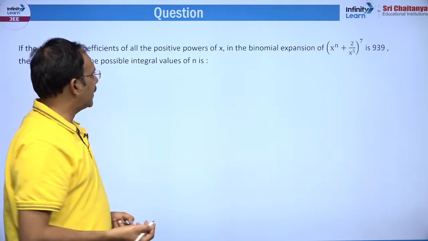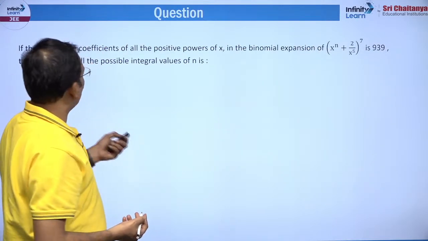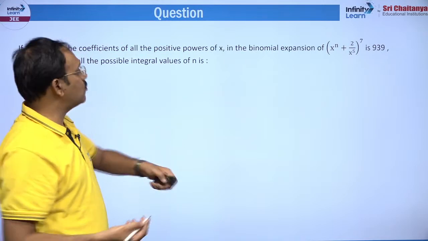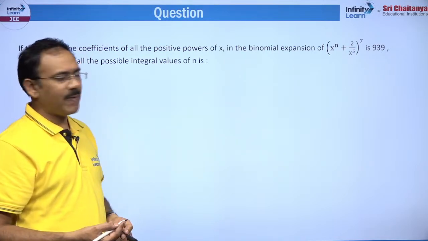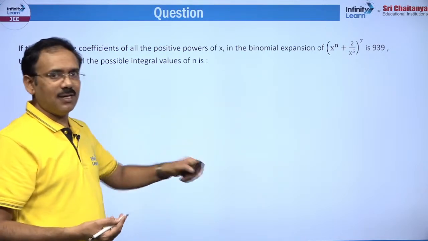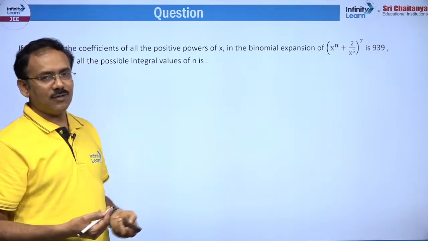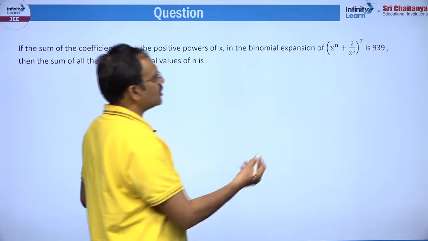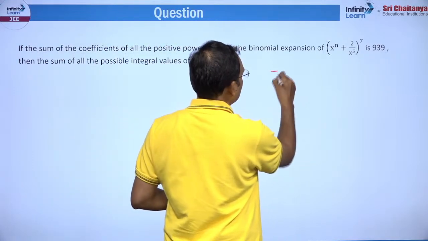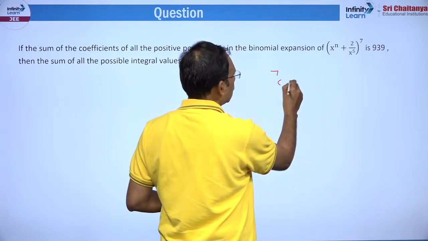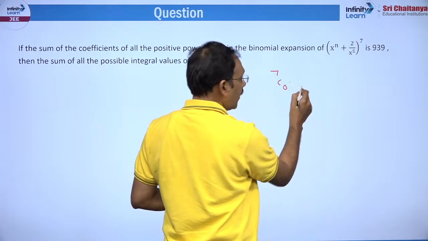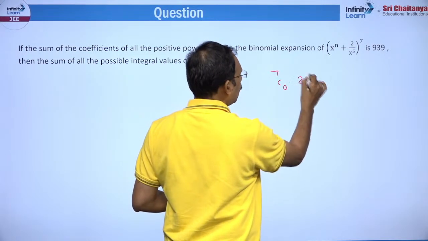Okay. Next, my dear friends, the sum of the coefficients of all the positive powers of x in the binomial expansion is 939, he himself has given. Then the sum of all possible integral values of n. Here, what is the first term? You will get 7c0 into coefficient, this is 2 power 7.